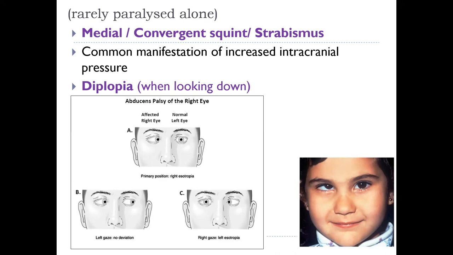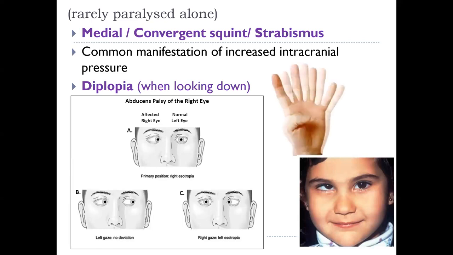It is also associated with increased intracranial pressure and double vision, which occurs when looking down. So those would be some of the signs seen when we have a sole injury to the trochlear nerve.